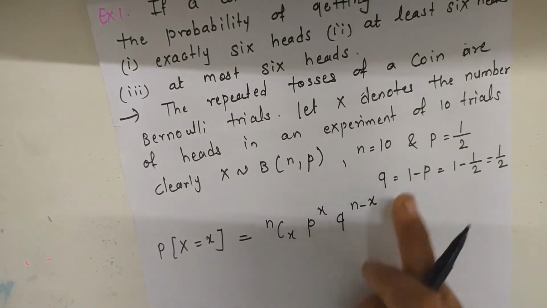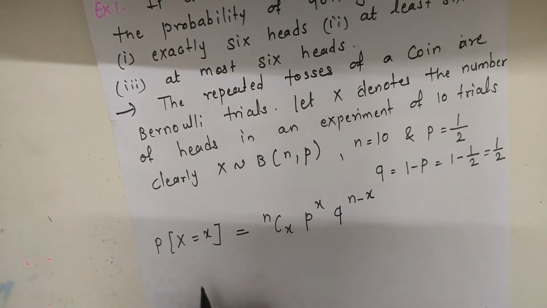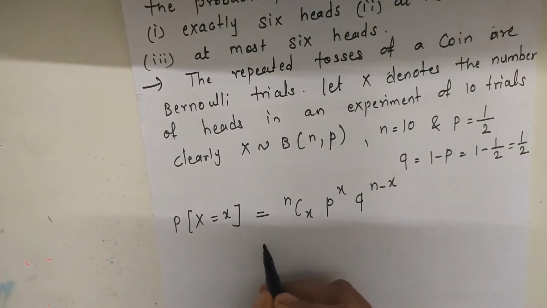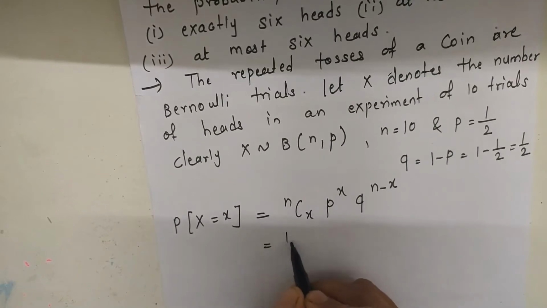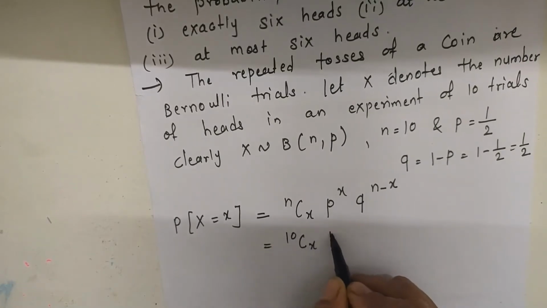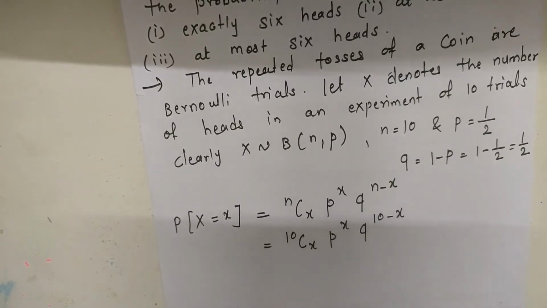Here n is equal to 10 and x is equal to the number of heads. So putting the value of n, 10Cx p raised to x into q raised to 10 minus x.